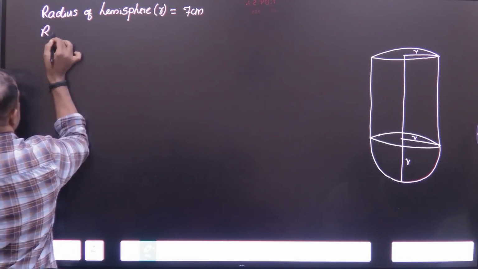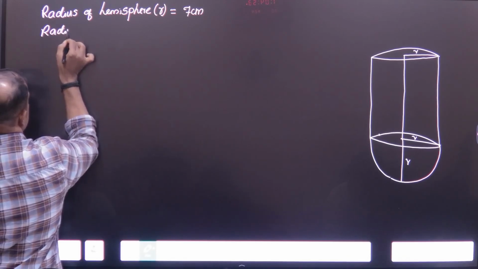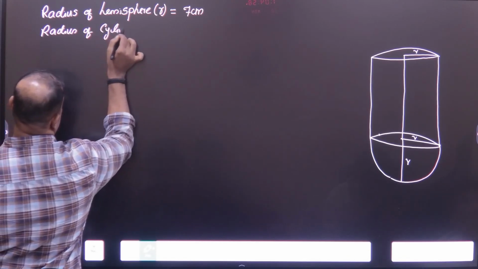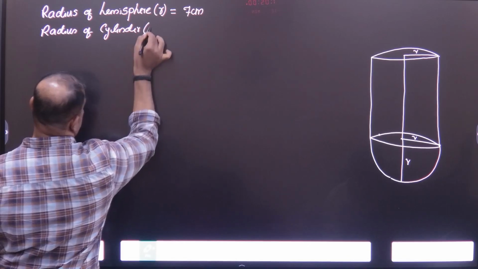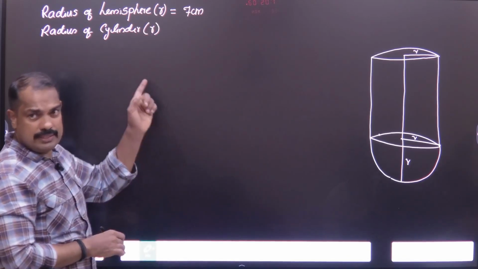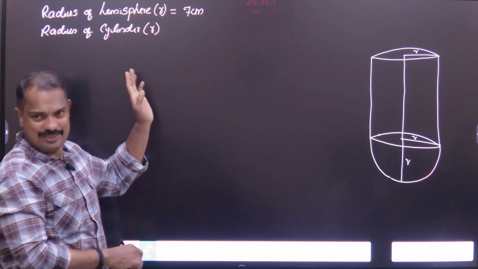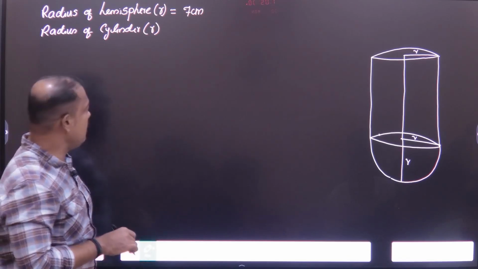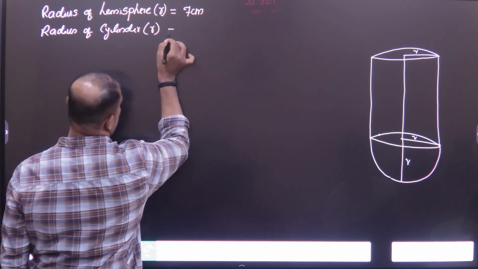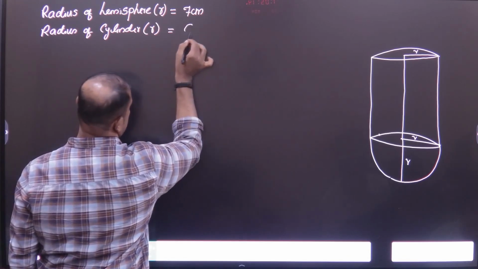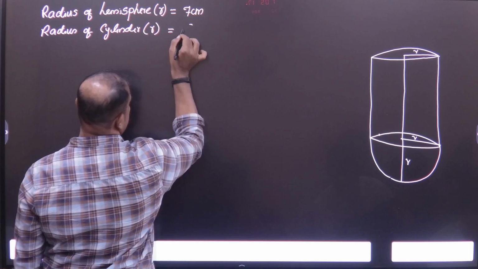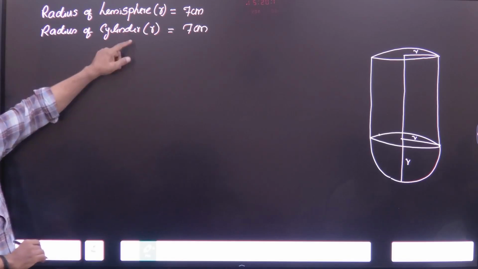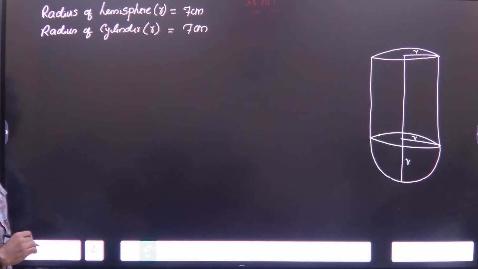What is the radius of the cylinder? We can write the same letter, that is R. Radius of the cylinder, that is small letter R, is equal to 7 centimeter.